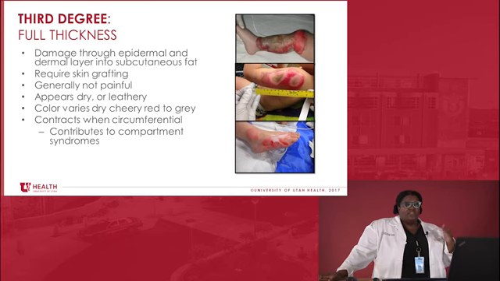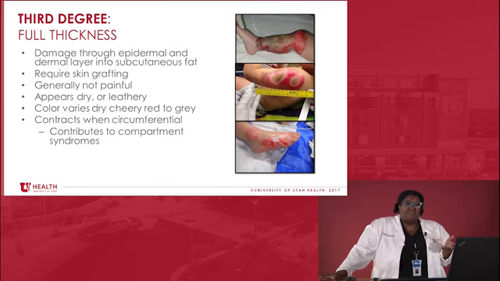So third degree, this damage is through the epidermis and the dermal layers into the subcutaneous fat. These wounds, especially if they're bigger than a silver dollar, will require skin grafting. So you can see some examples here along the right side of the screen. They're generally not very painful. They appear dry. So that's the difference between second degree and third degree. They're very dry.